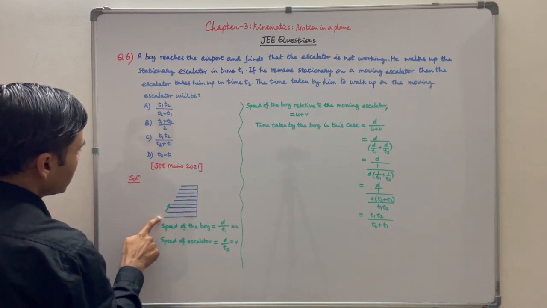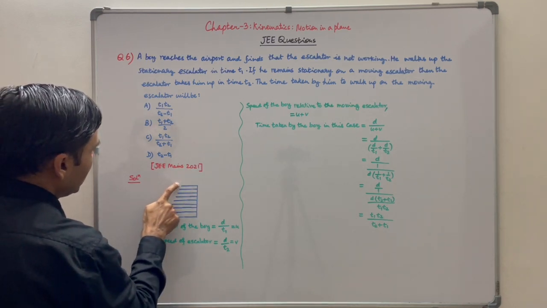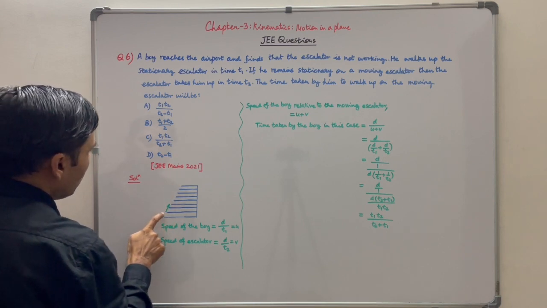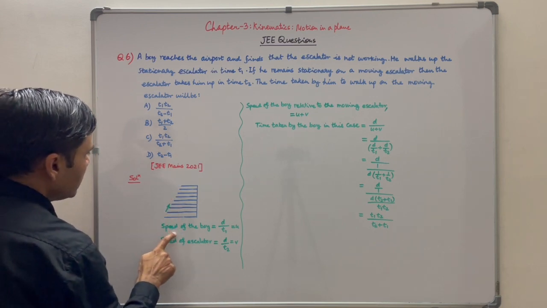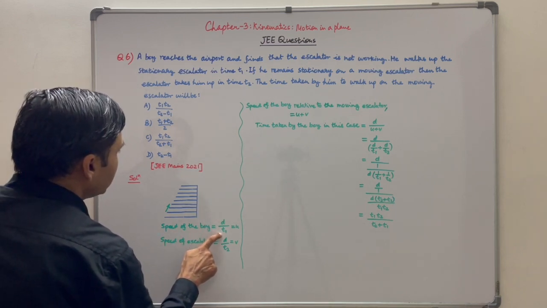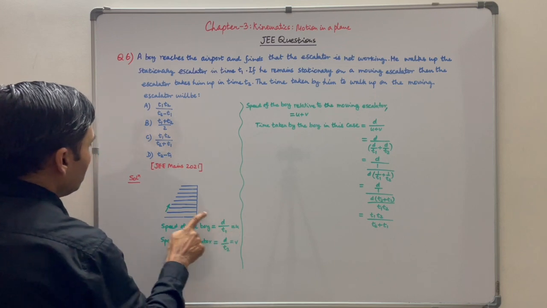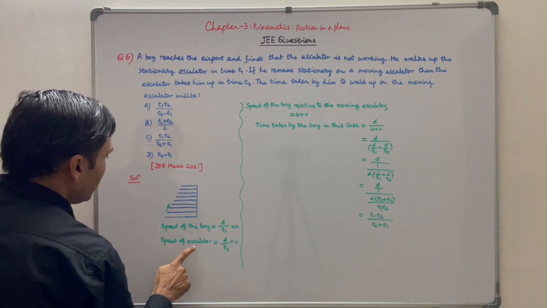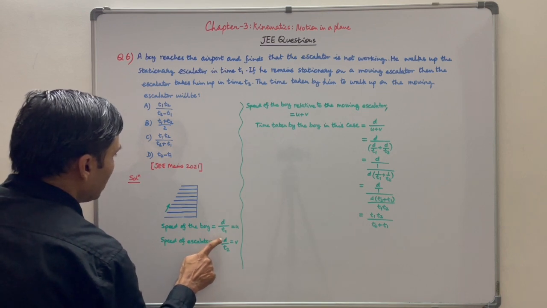Suppose D is the distance from bottom to top of the escalator. When escalator is not moving, only boy is moving. Then the speed of the boy is equal to D upon T1. Let's say it is U. When boy is standing on moving escalator, then speed of escalator is equal to D upon T2.